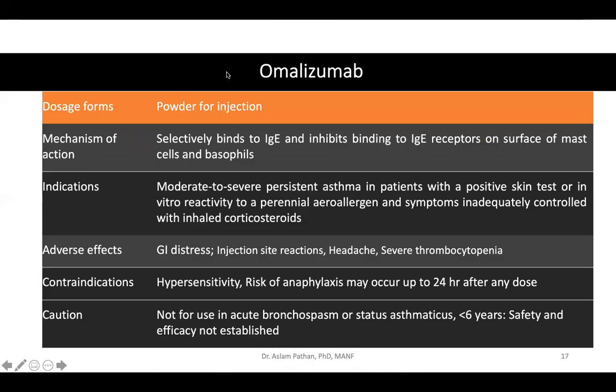Example of monoclonal antibody includes omalizumab. Omalizumab is not a traditional immunosuppressive drug.